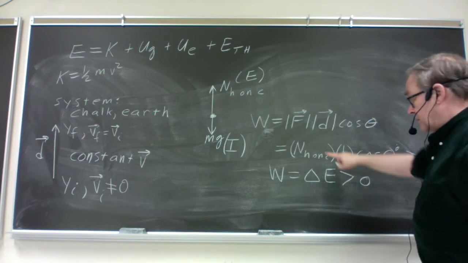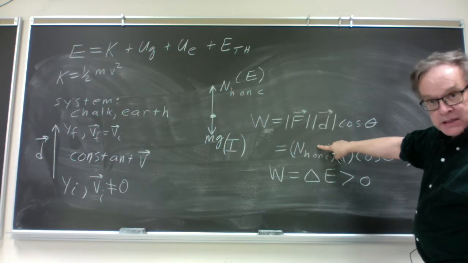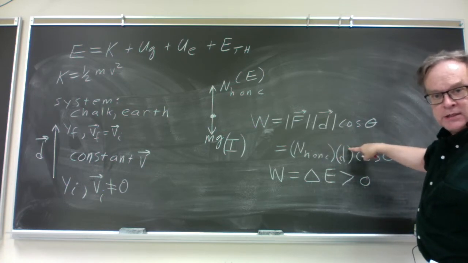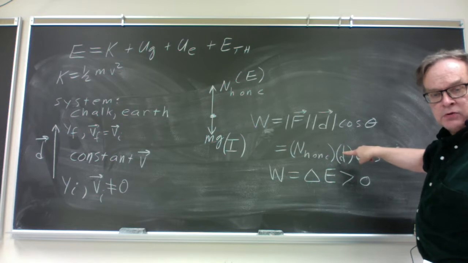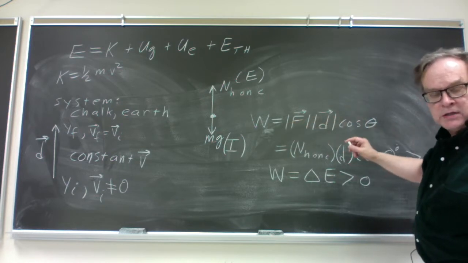So this is a magnitude, which means positive. Magnitude is just the size or strength or absolute value. Likewise, this is a magnitude. Size, absolute value. Those are both positive numbers always. These two terms in the work equation are always positive.